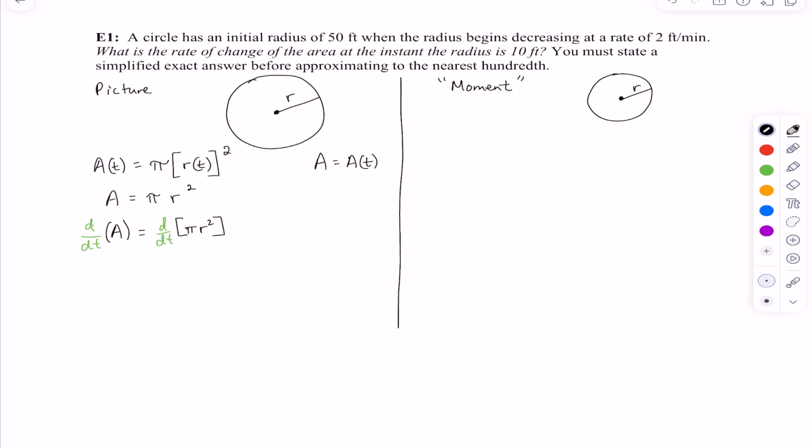Notice that you're going to implicit differentiate. So when you differentiate r squared with respect to time, you're going to need the chain rule.